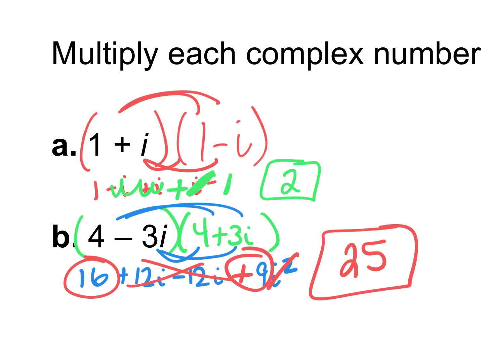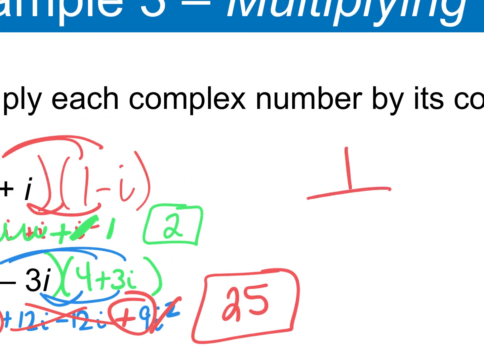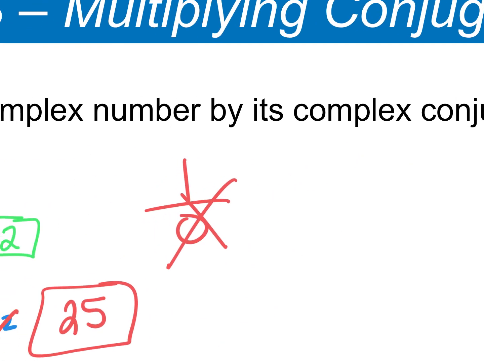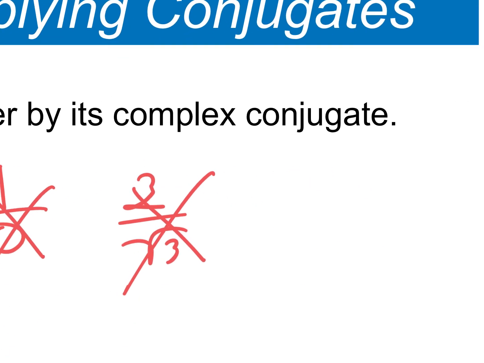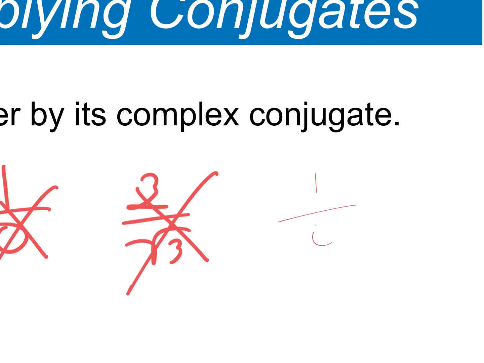Now, the reason we do that, is this okay in math? No. Is this okay with math? No. We don't like radicals in the denominator, right? We have to rationalize. Is this okay in math? No. Cannot have i's in your denominator.